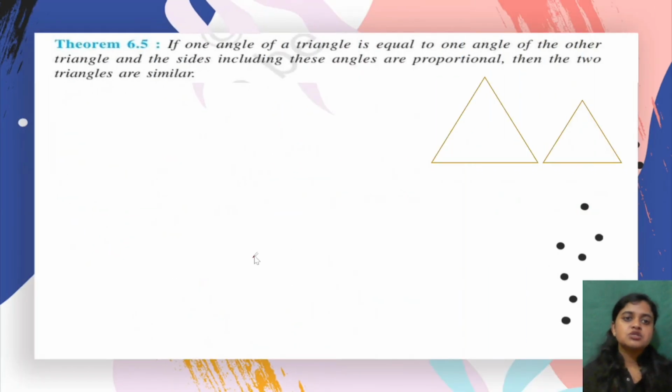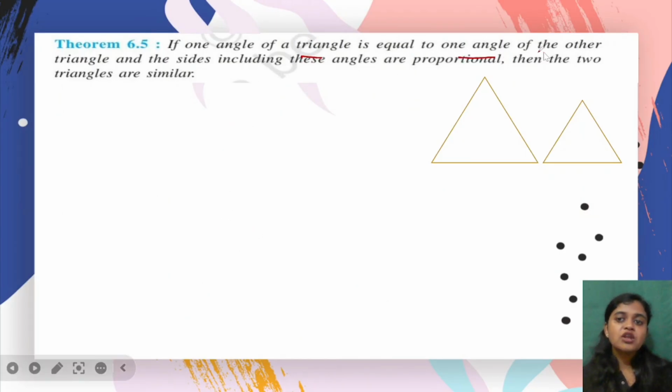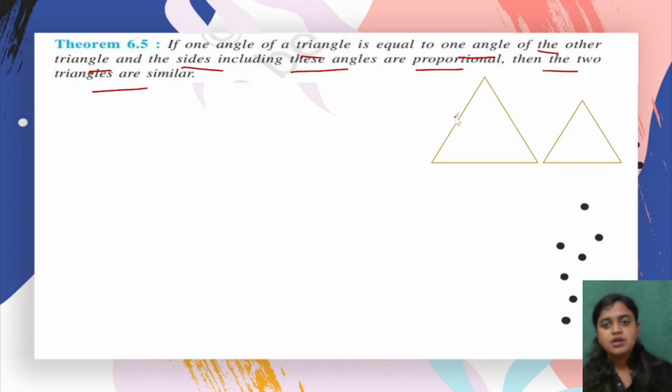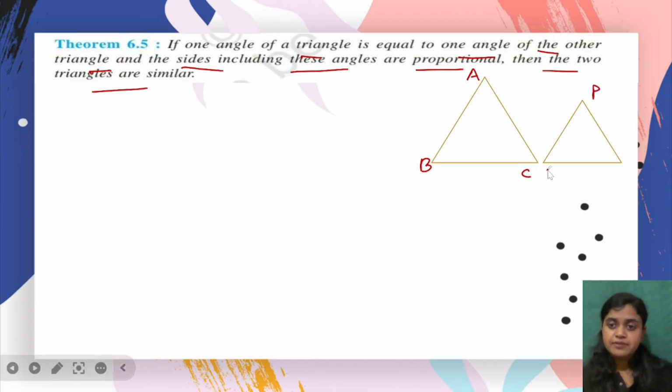Next theorem 6.5 says that if one angle of a triangle is equal to one angle of another triangle, and the sides including these angles are proportional, then the two triangles are similar. Suppose angle B of triangle ABC and angle Q of triangle PQR are equal to each other.